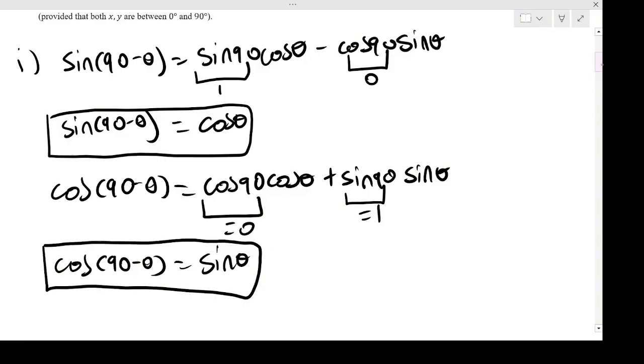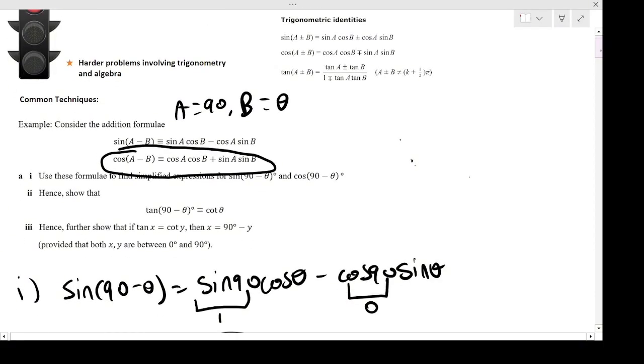So hopefully happy with that. Now, the second part says, hence show that tan of 90 minus theta is cot theta. What you also need to know, if you haven't seen it from Pure Year 2 normal maths, is that cot theta is the same as 1 over tan.